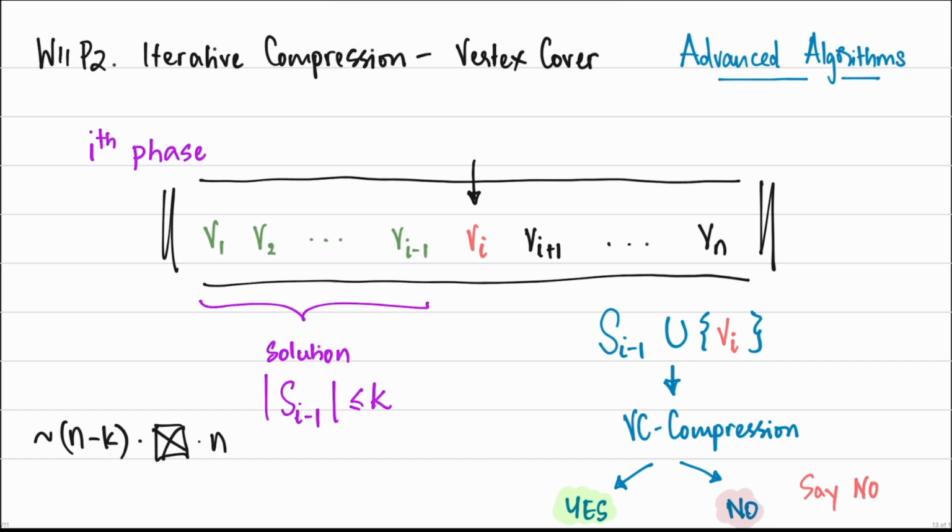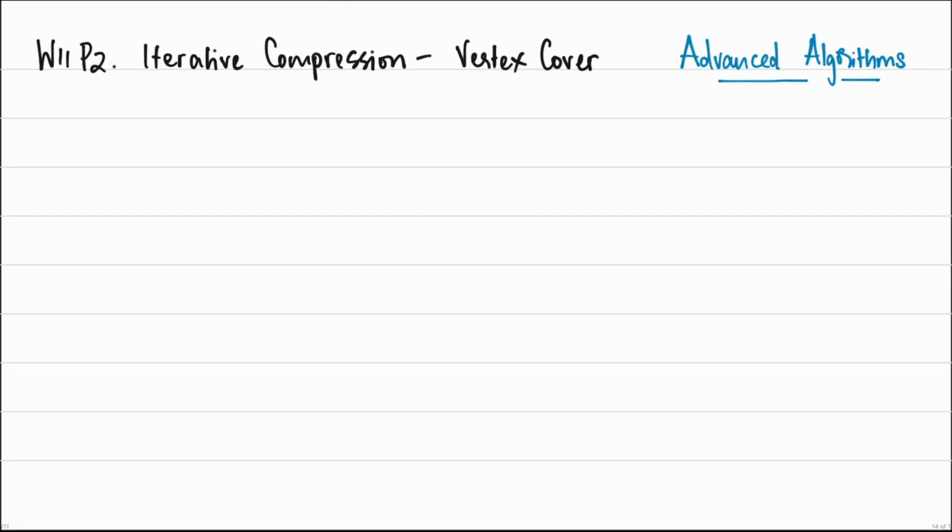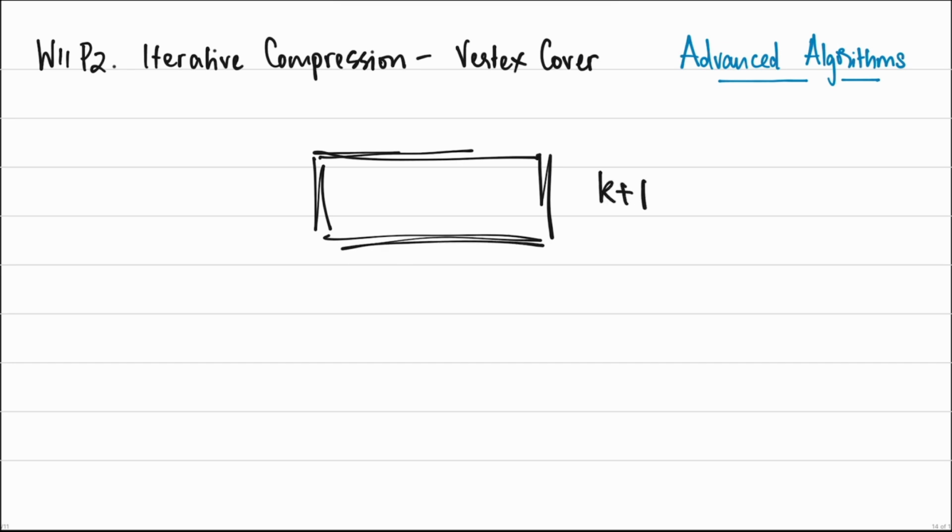And now let's go on and talk about how to solve the compression problem, because that's the only thing that remains. If we can solve compression, then we basically have this whole thing down. Okay. So recall that for the compression problem, we have a k plus 1 size solution given to us as a part of the input, and we want to know if there is a solution of size at most k.